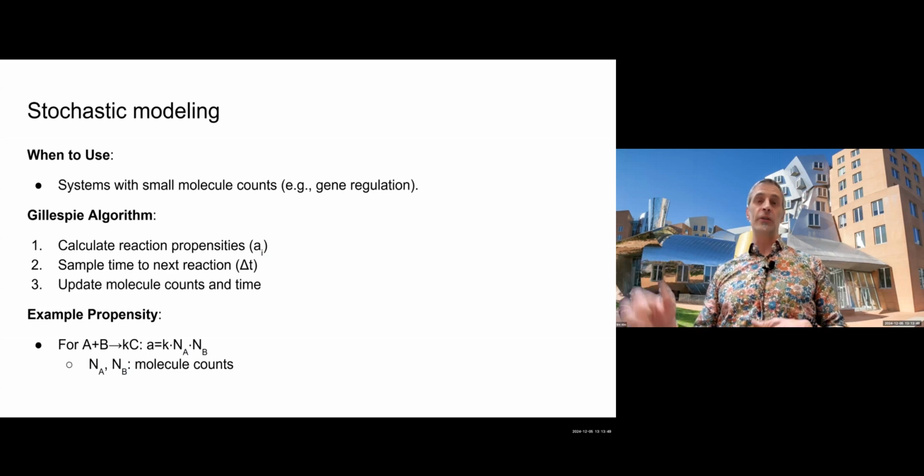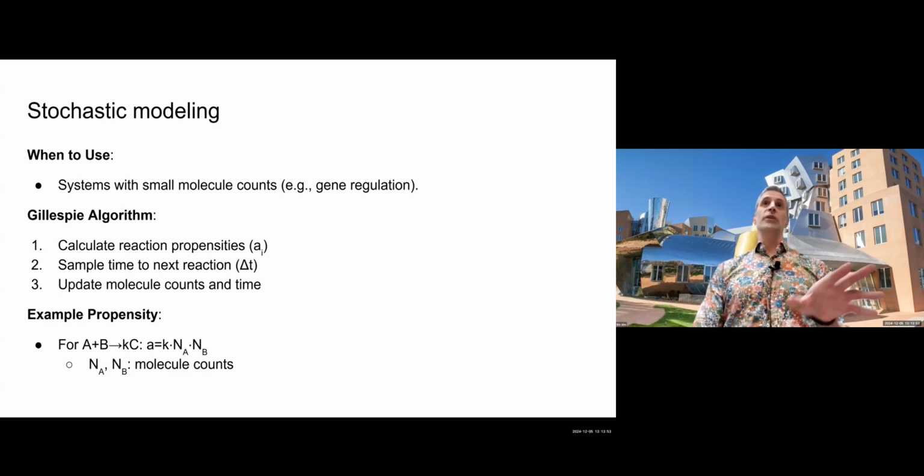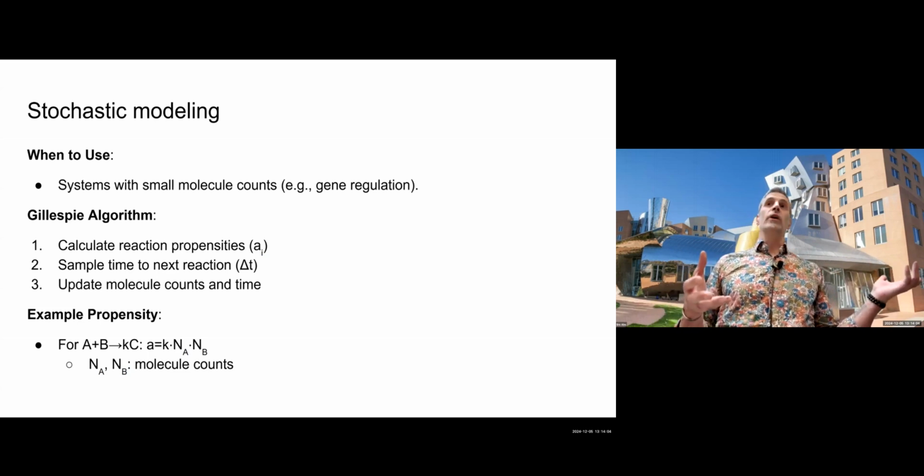But we can also take the same modeling approach and apply it to things like transcription and translation and these other processes that happen in the cell where, if you're transcribing a single gene, maybe there's only like one RNA currently in the cell, or maybe there's like 5 or 10.